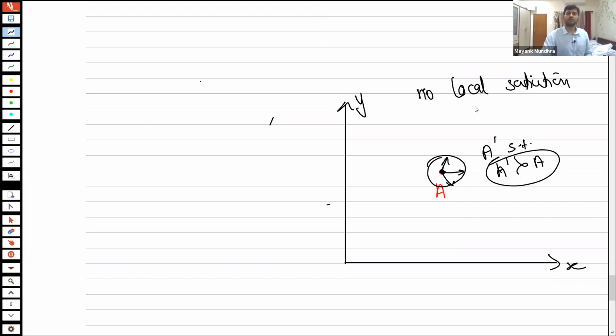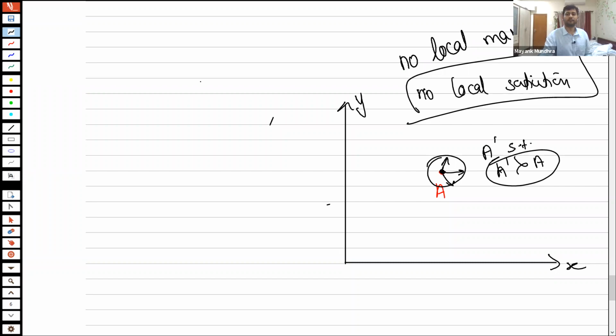Okay. So local non-satiation in optimization terms basically implies that there is no local maximum. No local maximizer is present. So the utility function always keeps on increasing, at least in some direction. So if both commodities are goods, it keeps on increasing in the infinite direction.